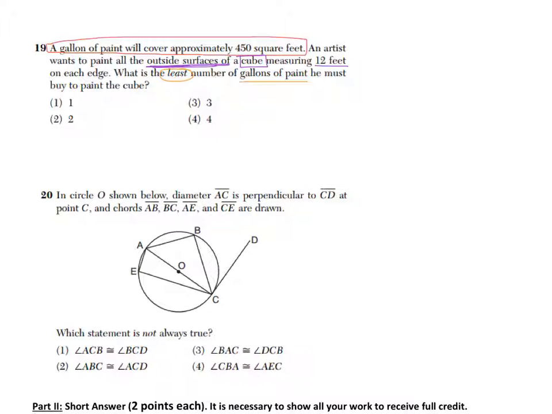So I'm first going to draw myself a little visual here, again, because visuals always help us. So trying to draw a cube as best as I can. And it says that he wants to paint all the outside surfaces of a cube. So I don't want to fill this cube up with paint. I want to paint the outsides of it.